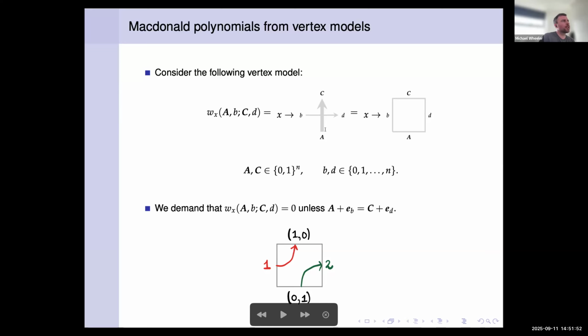So I will have a vertex whose 4 edges correspond to the following possible states. At the bottom and the top of the vertex, the indexing states are actually binary strings of length n. Whereas on the horizontal edges, the indexing states are integers that take values from 0 up to n.